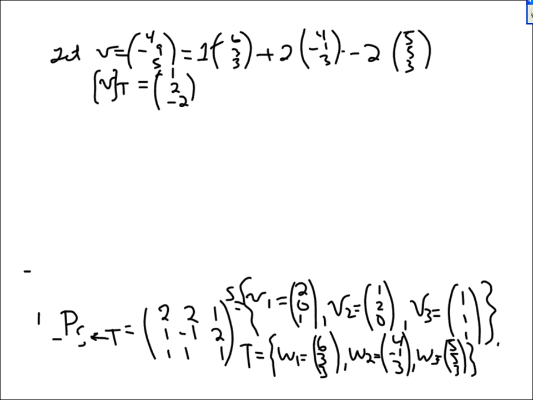And you should check. 1 times 6 is 6, plus 2 times 4 is 8. That's 14, minus 10. 2 times 5 is 10. 14 minus 10 is 4. Now you have 3, minus 2 is 1, minus 10 is negative 9. 1 times 3 is 3, plus 6 more is 9, minus the 6.